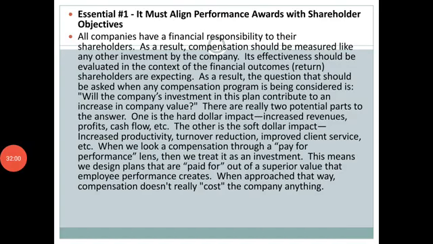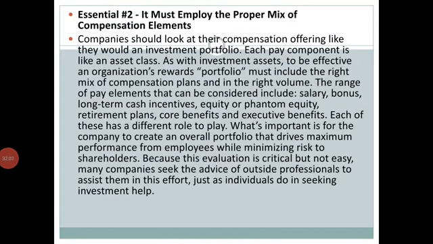Getting it? Then the second essential element is it must employ the proper mix of compensation elements. Companies should look at their compensation offering like they would an investment portfolio. Each pay component is like an asset class.